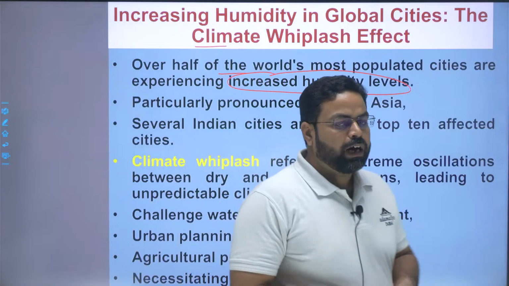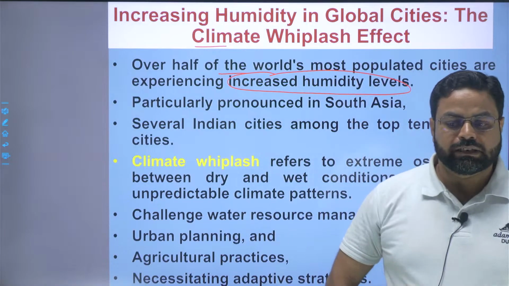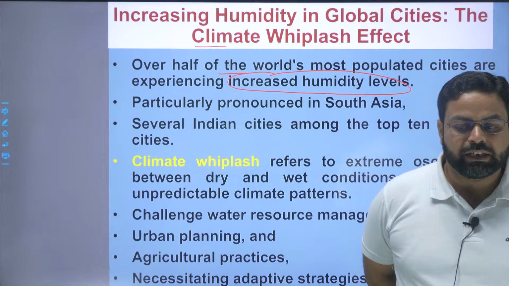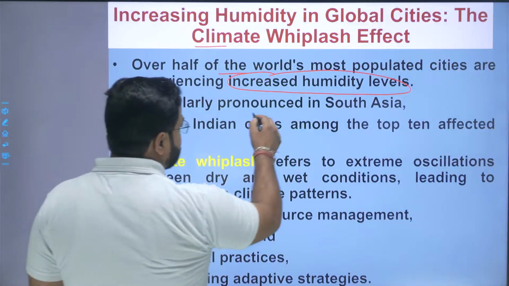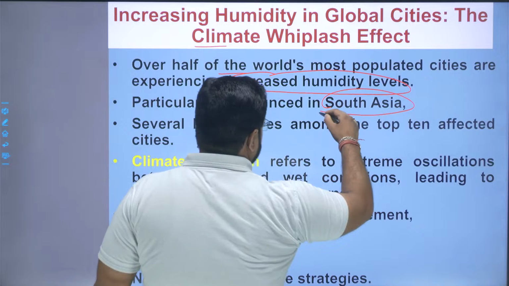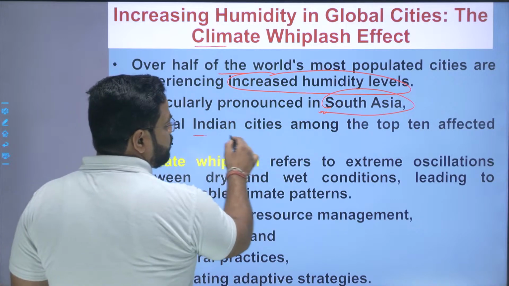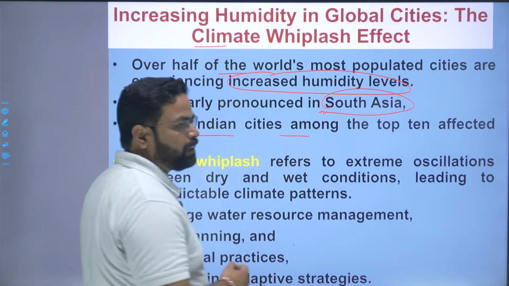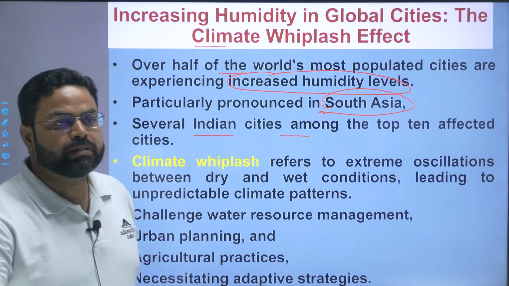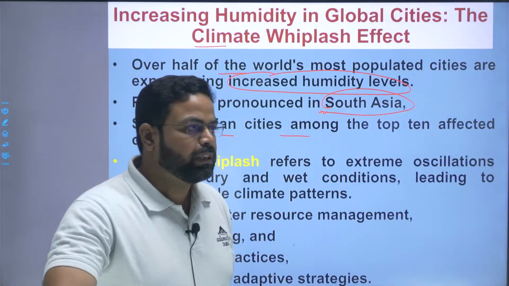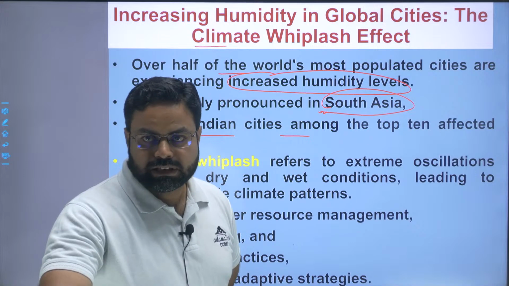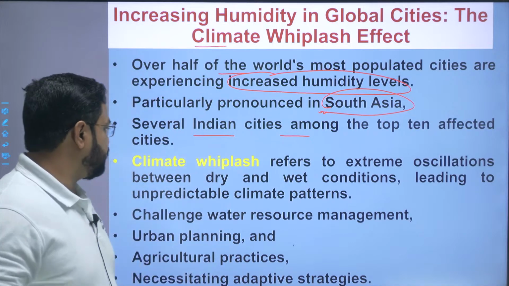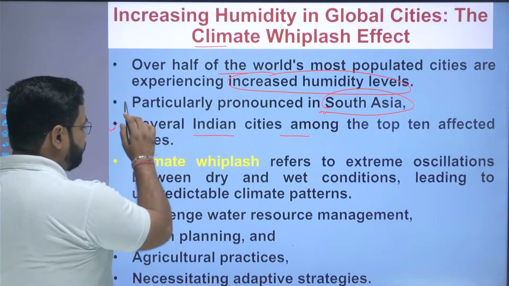Microclimatic zones are getting developed in these regions, and this is impacting the local climate. Particularly, it is pronounced in the South Asian region, and several Indian cities are among the top 10 affected cities due to this high level of humidity in the microclimatic zones of the region, and the cities are getting impacted because of this.